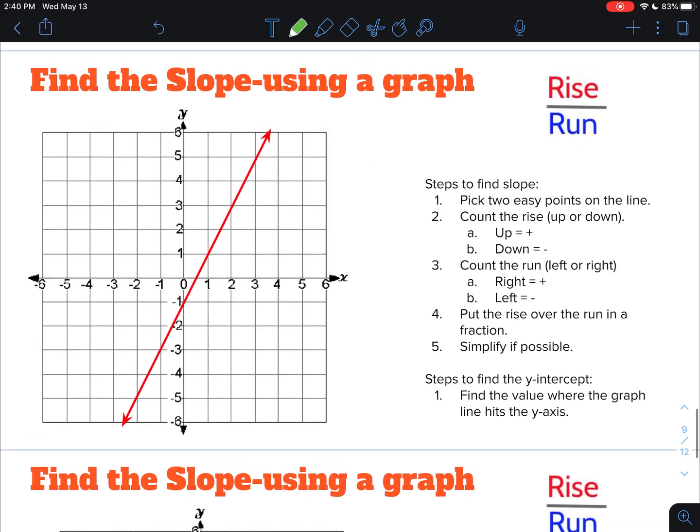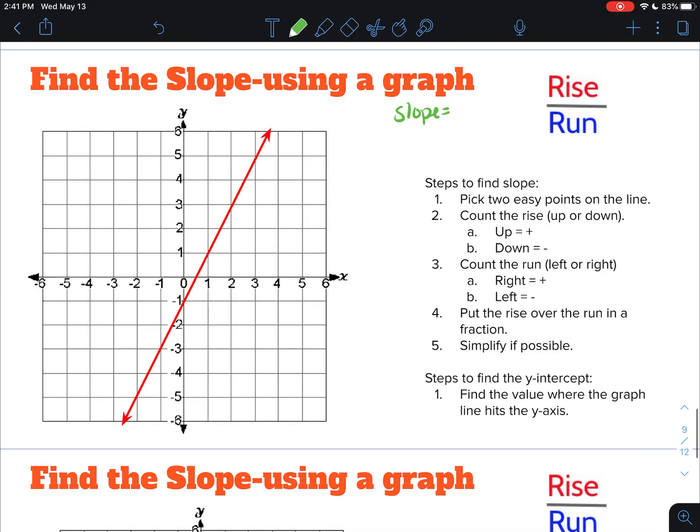Okay. Going to do a ton of examples for you, so the more you see it, the more you pick up on it. So let's do some slope. Pick 2 points. Guess that one and that one looks pretty close.